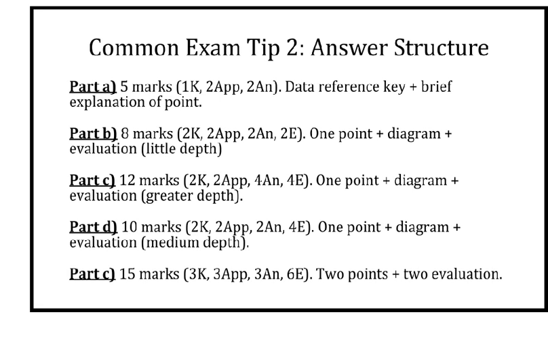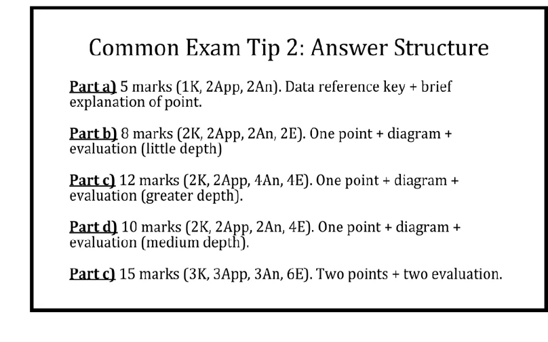So if we take the 5 marker for instance, quite often you can work with 1 point, and what you do need to do is make sure that you really hone in on identifying 2 pieces of data from the text. You then need to explain your point. Probably it will be a very short response, but you do need to make sure I've got 1 point, 1 piece of data or 2 pieces of data, and likewise some explanation of my point.